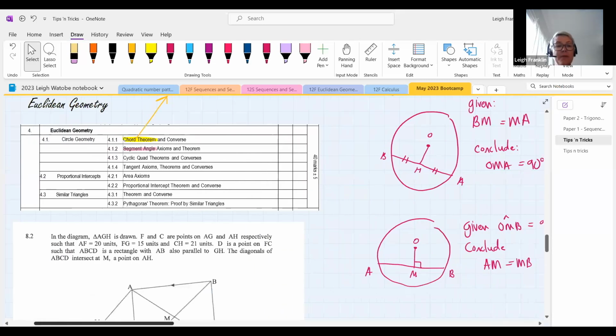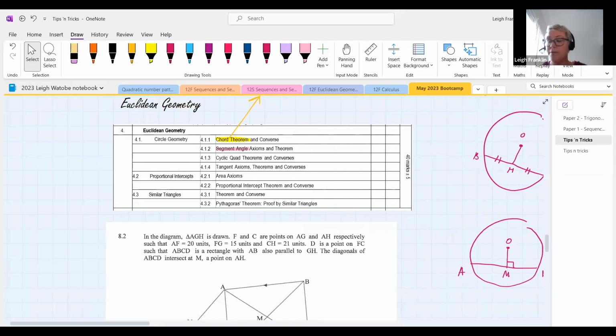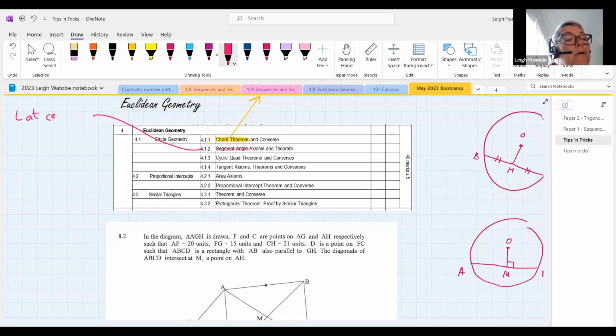Then your segment theorems. So your segment angle theorems are a little bit easier. By this, I mean angle at center equals 2 times angle at circumference. We also include angle in a semicircle.